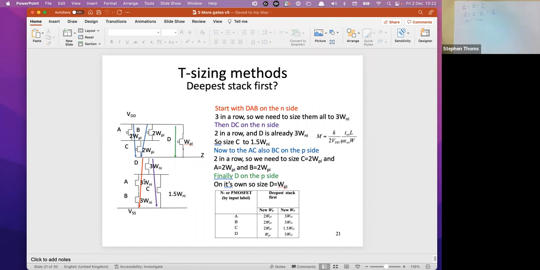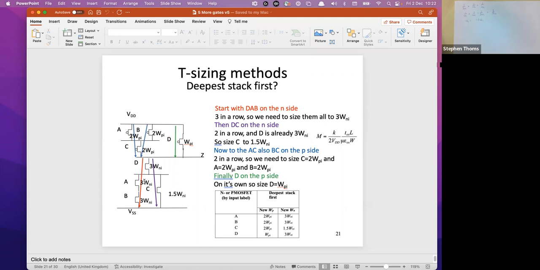You're wondering why you do it in parallel. Well, the reason is that if you've got a transistor, where do I start the explanation? If you go back to what we're trying to do in T-sizing, what we're trying to do is to get the timing to be equivalent to the unit inverter.